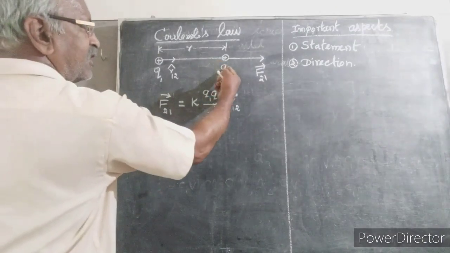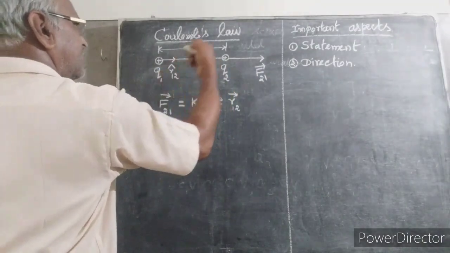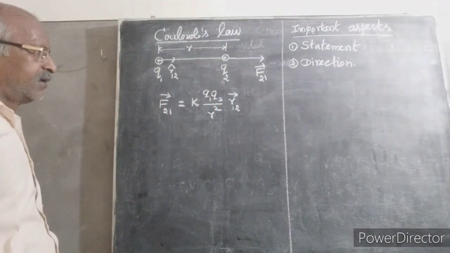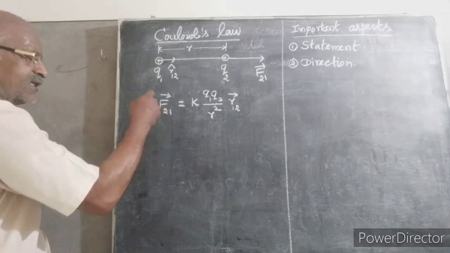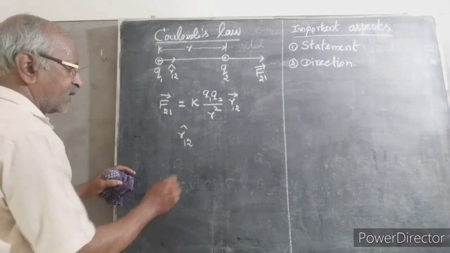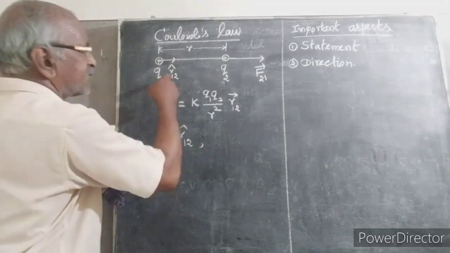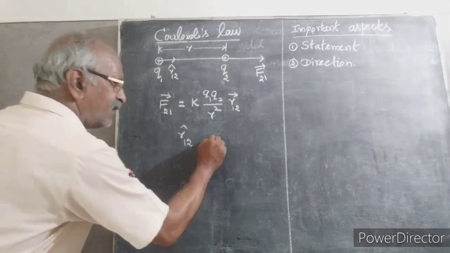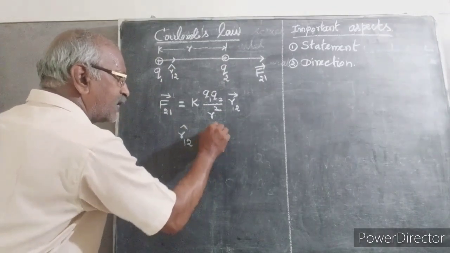The Q2 charge will give a repulsive force from Q2 to Q1. As F21 is along R12 cap, F12, the force on the first charge by the second charge, will be along R21 cap.